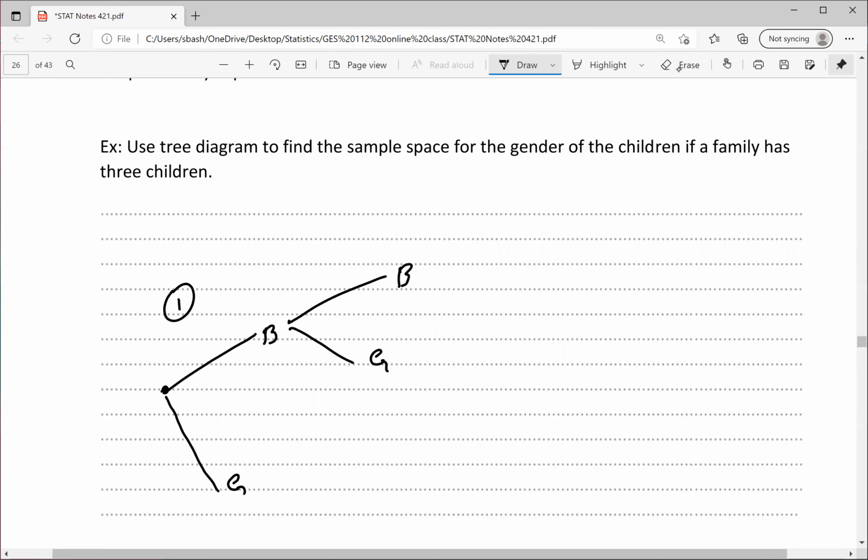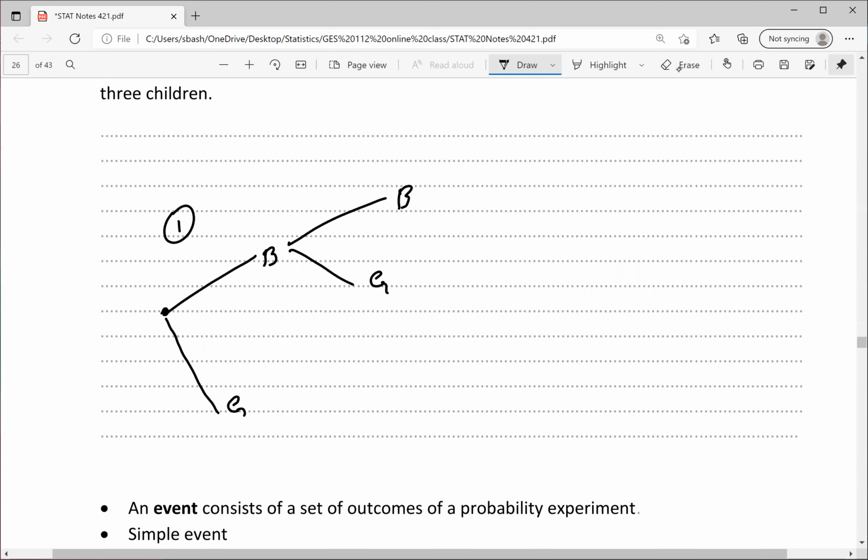This is if the first one is a boy. If the first one is a girl, it is the same thing: I will have either a boy or a girl. This is the second kid. The third one, same thing, will be a boy or a girl. Now I have to do this for each one of them.